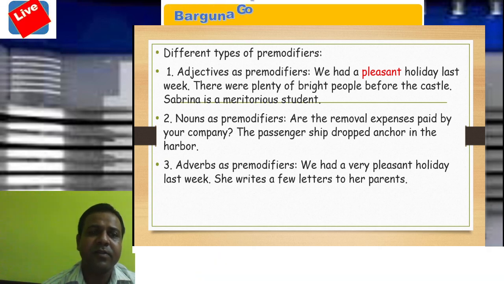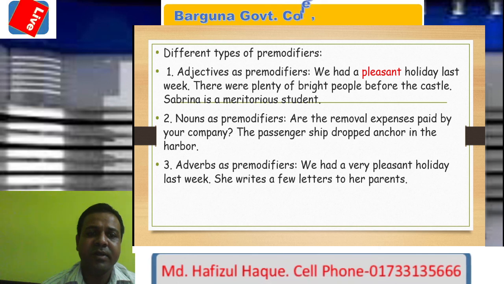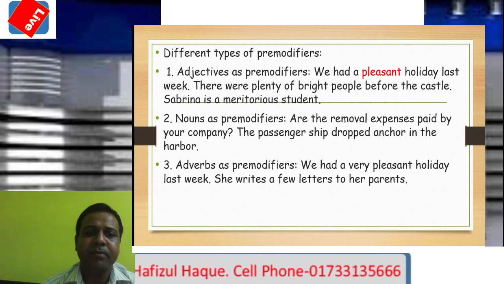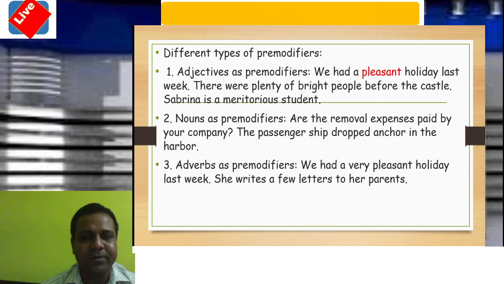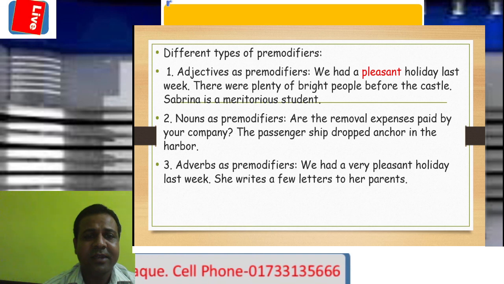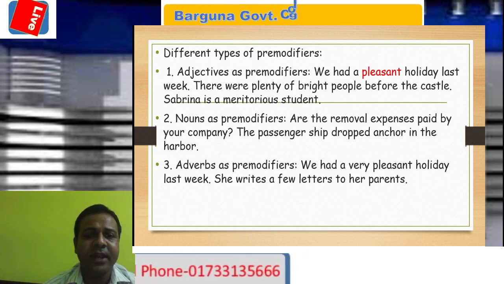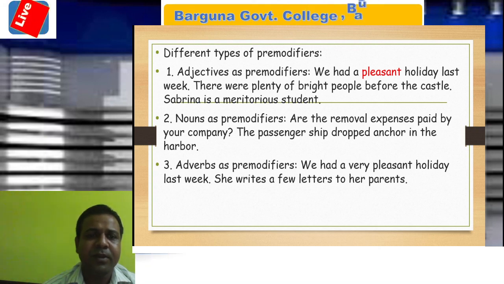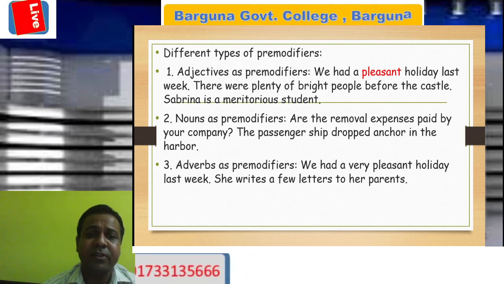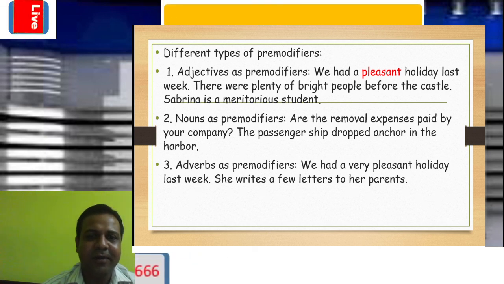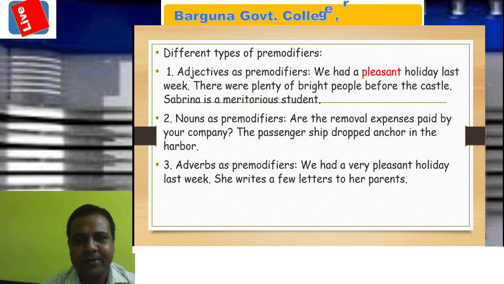Sabrina is the subject. In a meritorious student, a is an article, meritorious is an adjective, and student is a noun. That's why meritorious is used as a pre-modifier. You will try to identify the adjectives and the nouns, because adjectives are used here as pre-modifiers. I think you have clearly understood this point, that adjectives can be used as pre-modifiers.